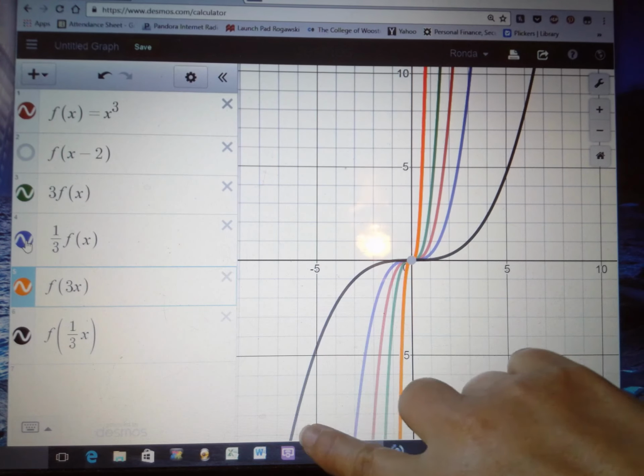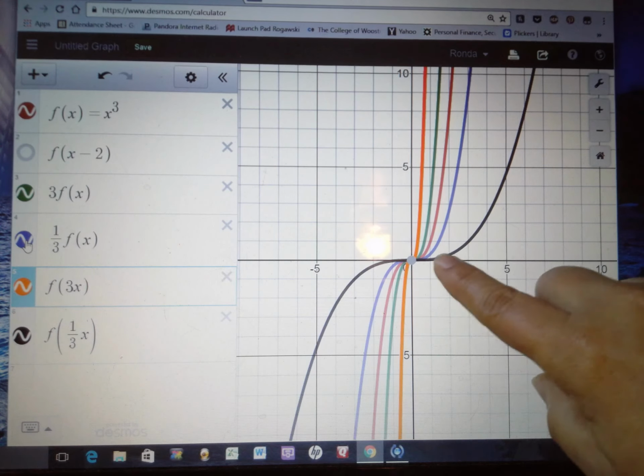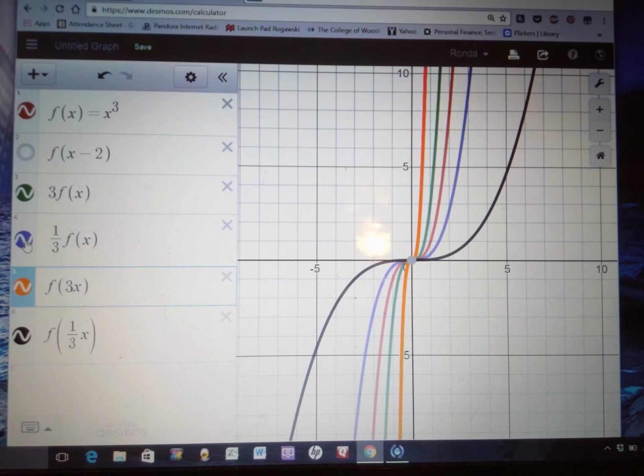I'm always starting in the bottom, I've got this little bend here, and then I come up here. So even though my graph has changed and the original shape is altered, it still retains most of its properties, okay? All right. And you can play with these. Go online and play with them on Desmos and see how they change all the shapes.